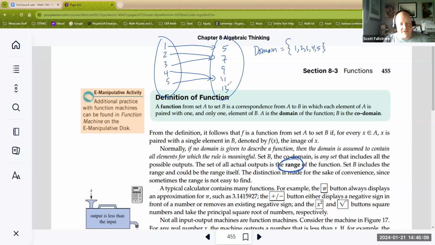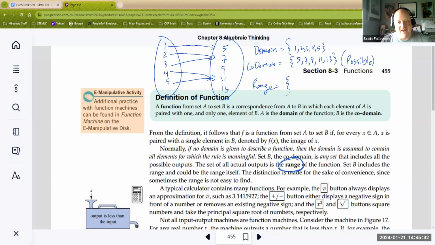Your codomain would be this entire set of all the possible things, a 5, a 7, a 9, an 11, and a 13. Notice I'm going to put a little note here. Those are all the possible things. When you start talking about, hey, what did we actually map over to?